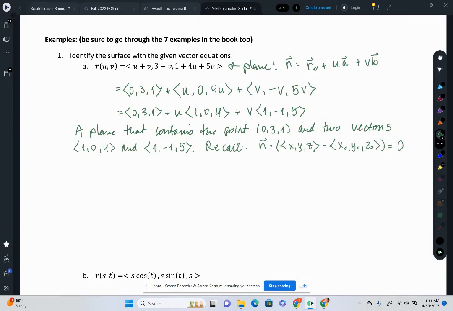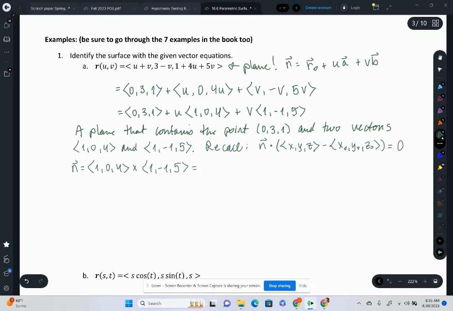Now we need a normal vector for our plane, and we could get that by looking at the two vectors that are on the plane and not parallel to each other. If we were to take the cross product of those two vectors, we would get a normal vector to the plane. So our normal vector will equal the cross product of 1, 0, 4 and 1, negative 1, 5. So we need to calculate that cross product.